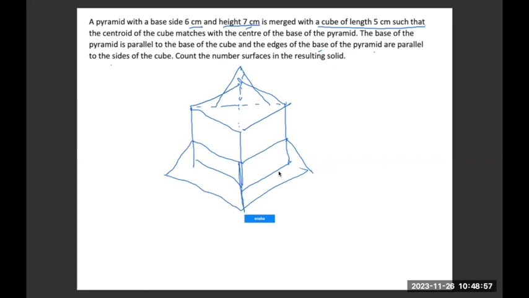So this is how the cube and the pyramid are merging together.